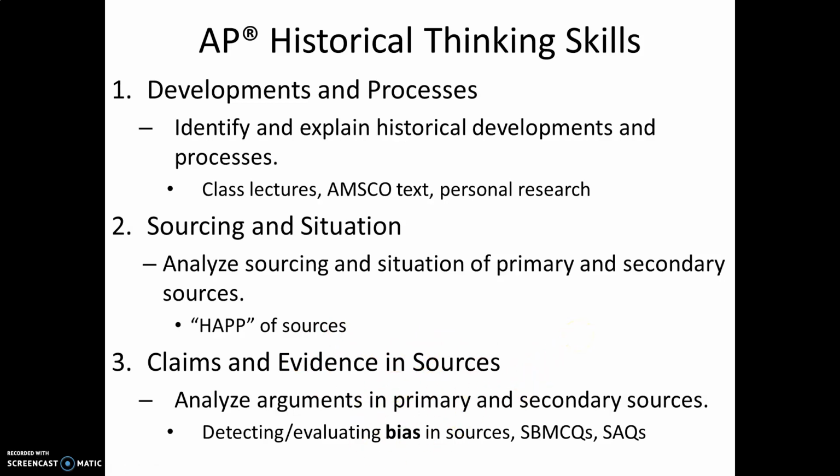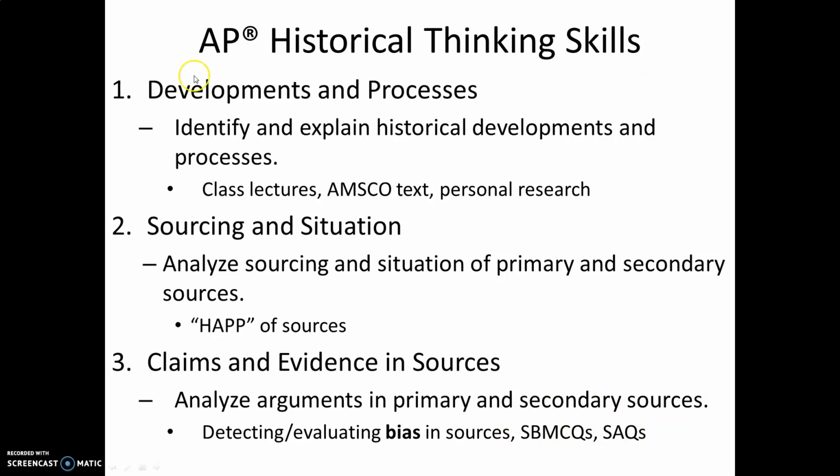You're detecting bias and you're evaluating the bias that comes in these sources. And you're most likely to see it on stimulus-based multiple choice questions and short answer questions. All right, so with sourcing and situation, you probably are likely to see that on stimulus-based multiple choice questions. But claims and evidence, you'll get it in multiple choice and SAQs.